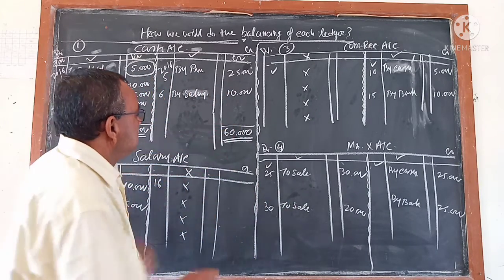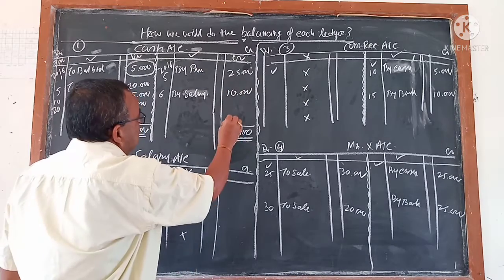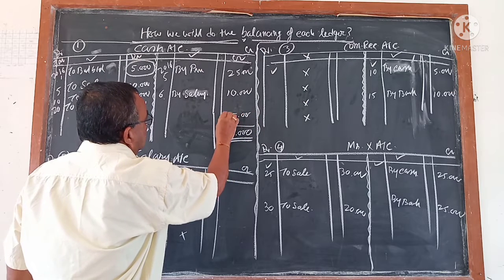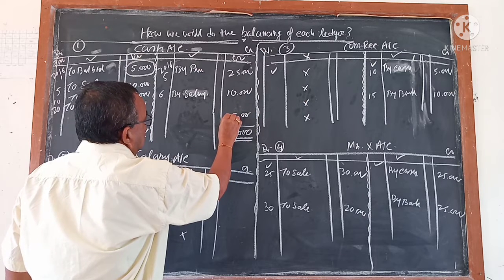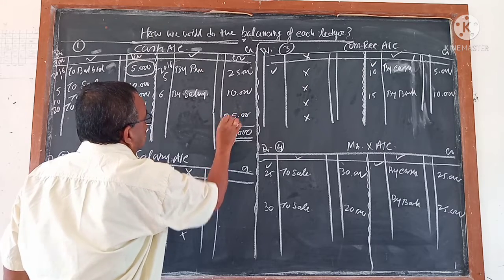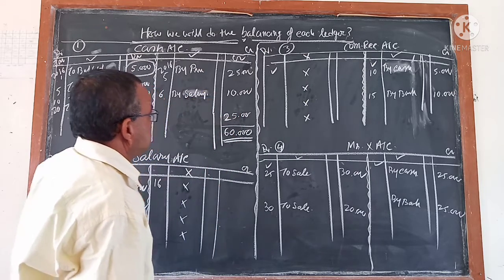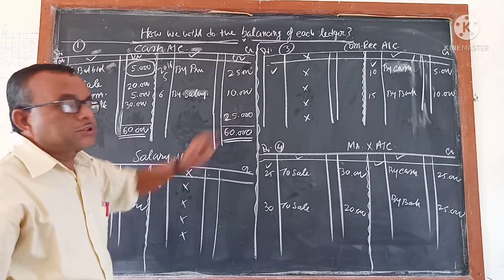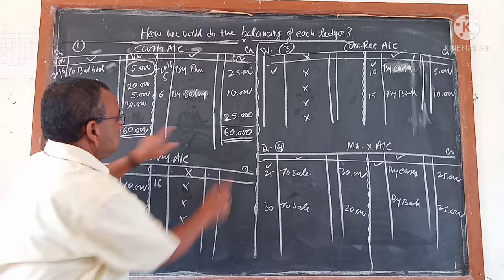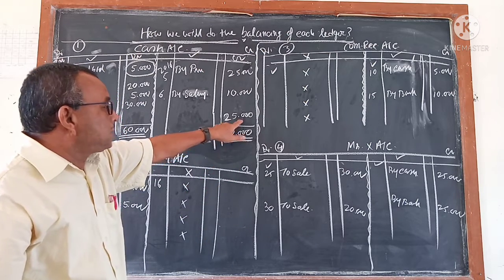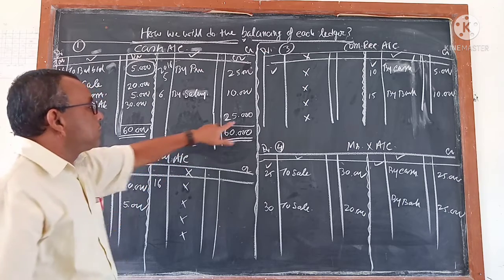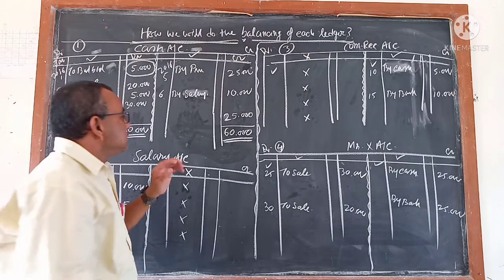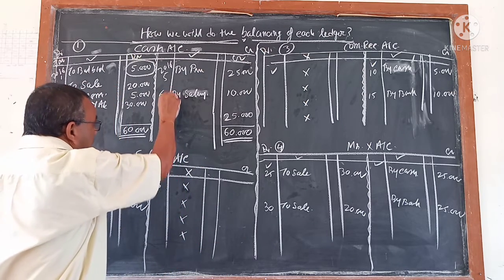This side is 60 and this is 35, so how much will come? 25, that is 25,000. This is called balance, and this is called total. How much is less to make it equal to the opposite side is called balance. So the balance is 25,000.